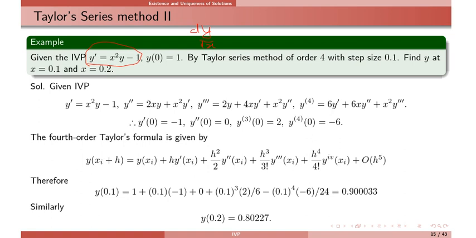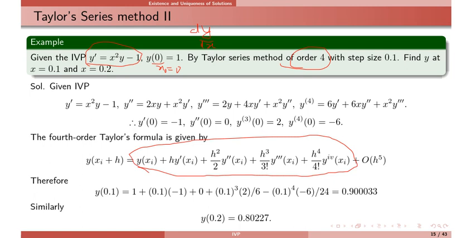So y0 means when x0 equals 0, starting at 0, then y0 is 1. So by writing a Taylor series of order 4, meaning write the Taylor series up to the fourth derivative, with gap 0.1, find y at 0.1 and 0.2.